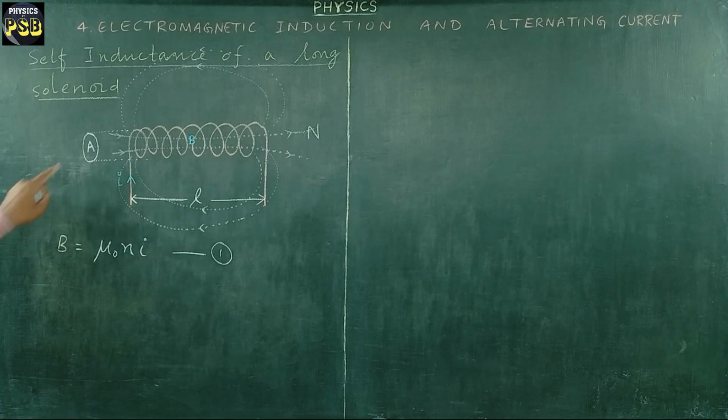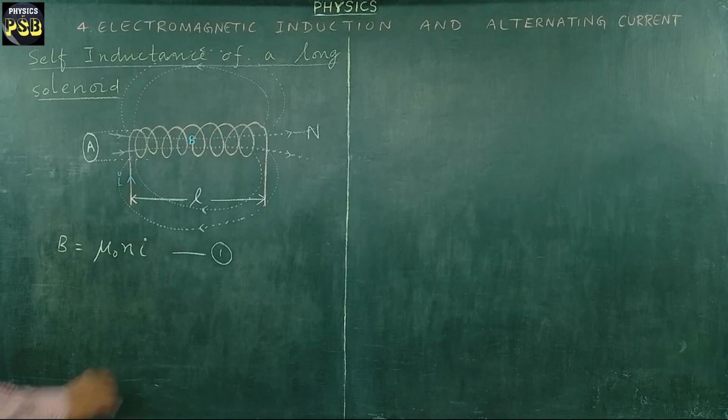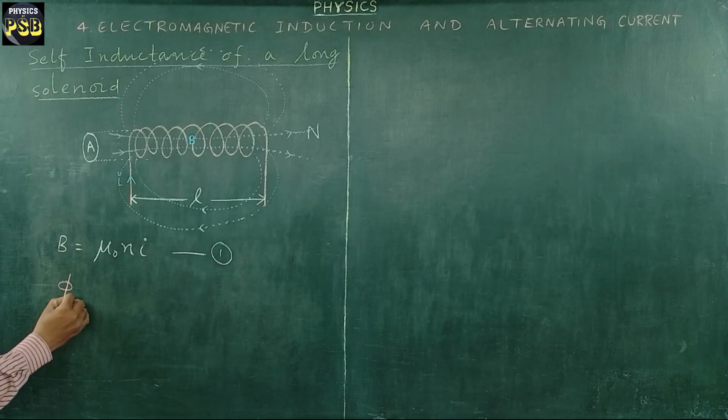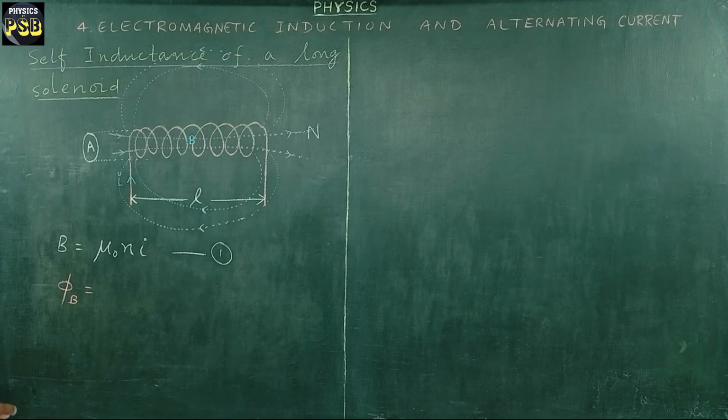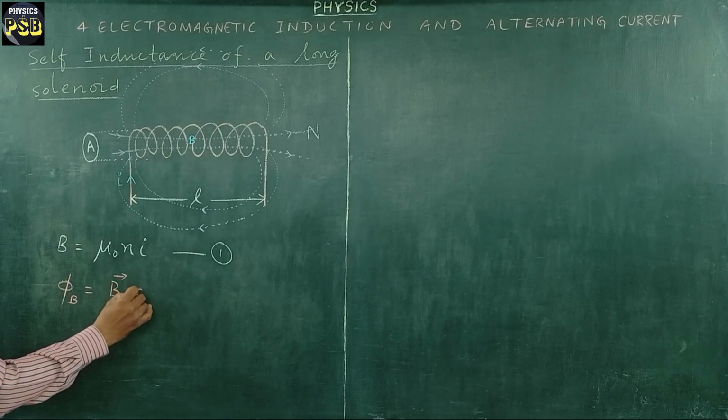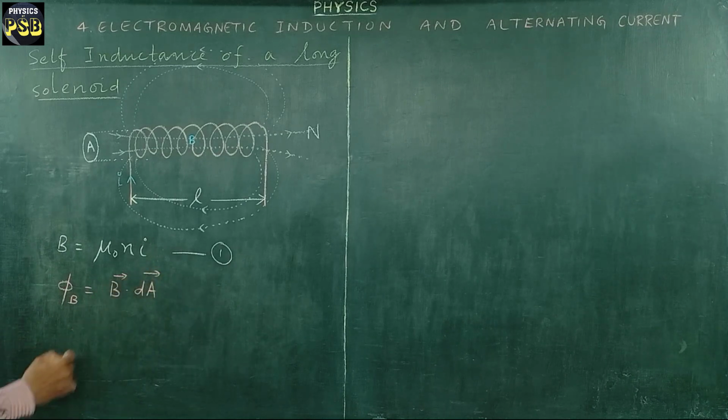Now, the magnetic field lines are linked with the turns of this solenoid. So, the magnetic flux linked with each turn of this solenoid is represented by letter phi B, and it is found to be equal to the integral of B vector dot dA vector.